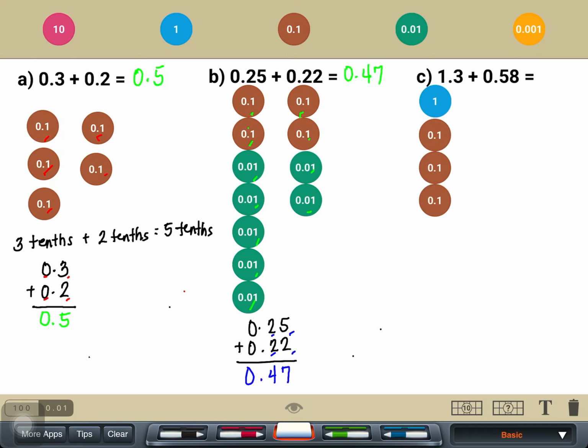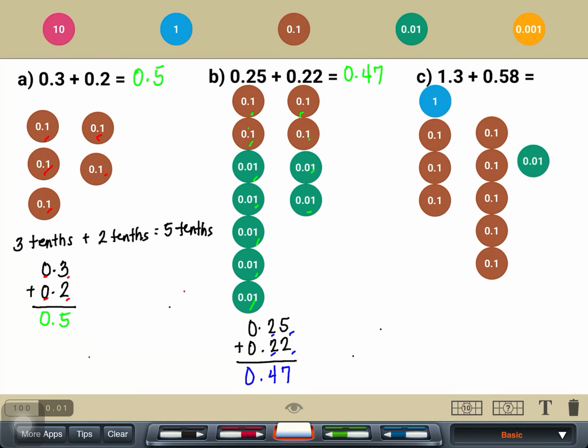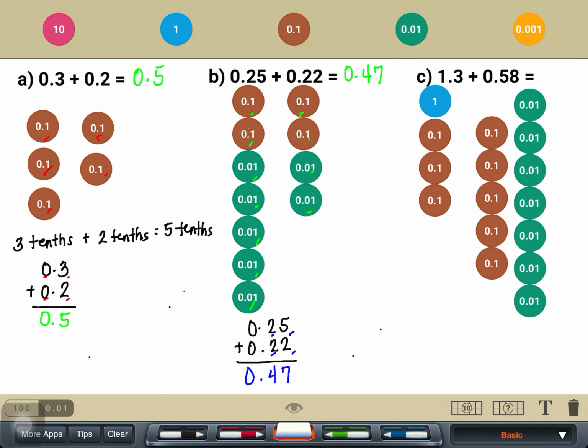We don't have a whole number here because it's just hundredths. So 58 hundredths is composed of 5 tenths. 1, 2, 3, 4, 5. Okay, let me just align that. And 8 hundredths. So 1, 2, 3, 4, 5, 6, 7, 8 hundredths.